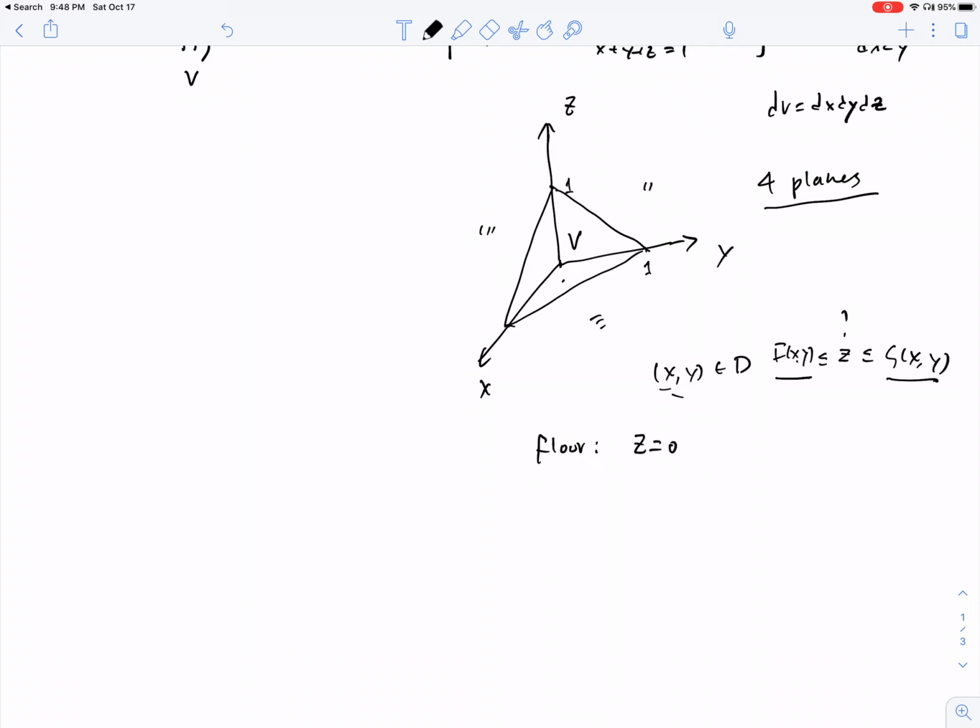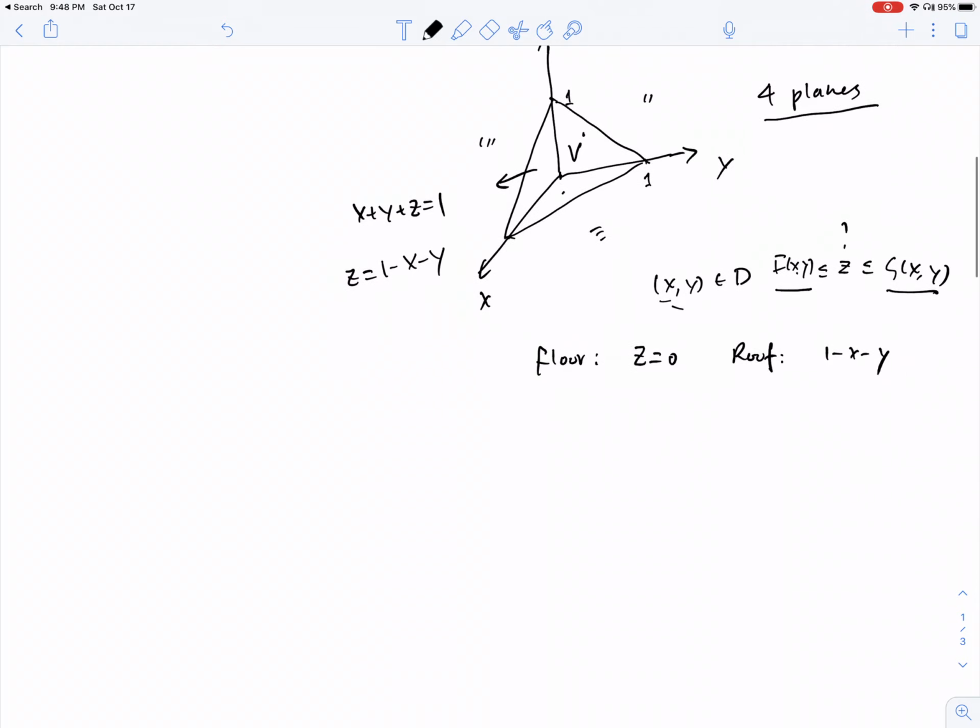And the roof over here is this one. Now, we don't know the function g of x, y yet, but we know the equation. So the equation is x plus y plus z is equal to 1. So that means z is equal to 1 minus x minus y. So in fact, we have the roof over here is 1 minus x minus y.